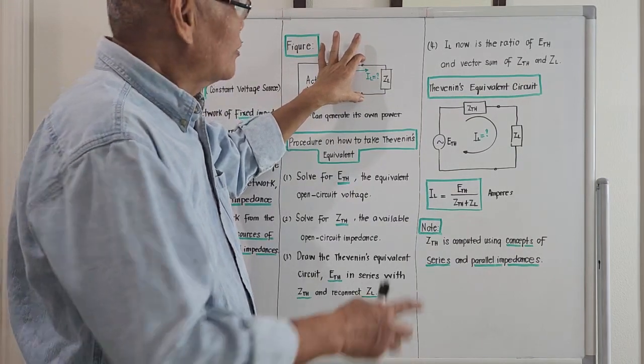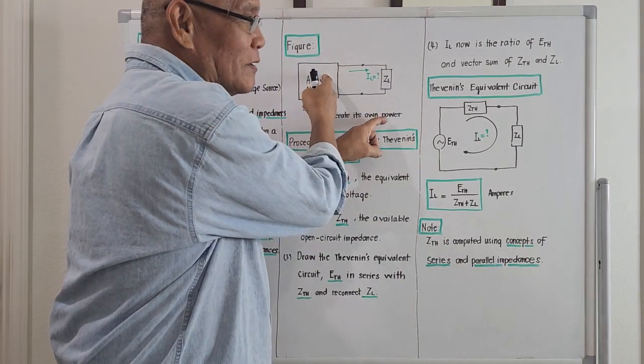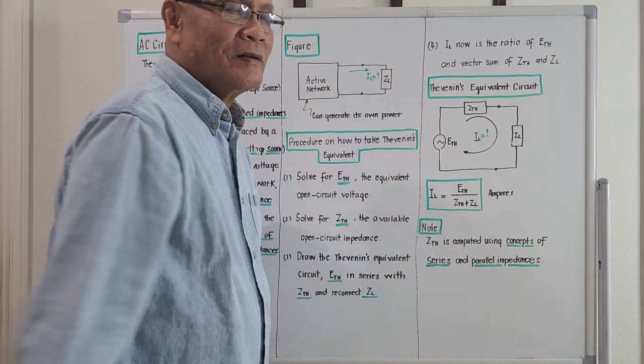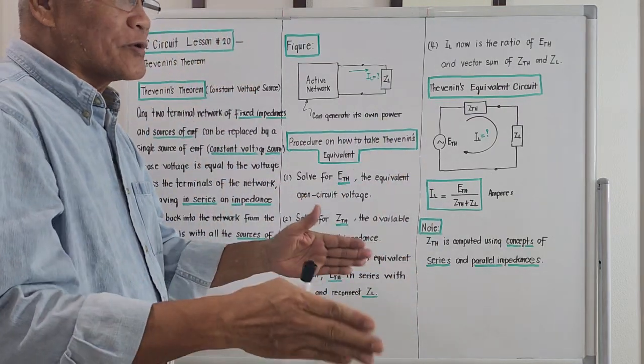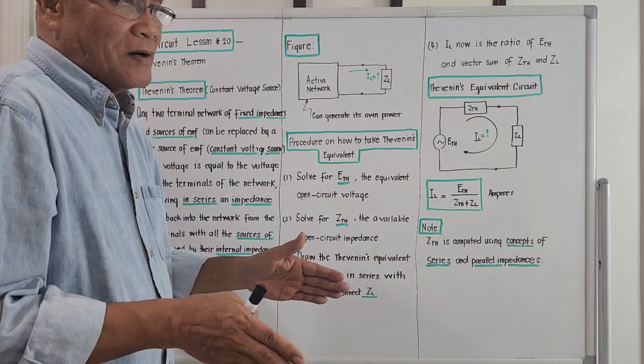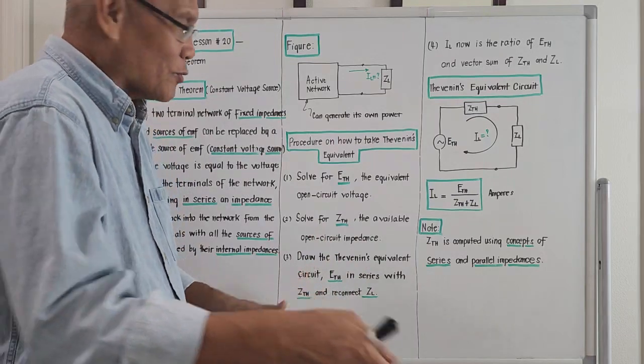The problem is, what will be the current passing through this load with this given active network, but we do not know anything about the inside. I will try to read what Thevenin's theorem is, then I will try to explain it as concisely as possible so we could understand it in a layman's way.